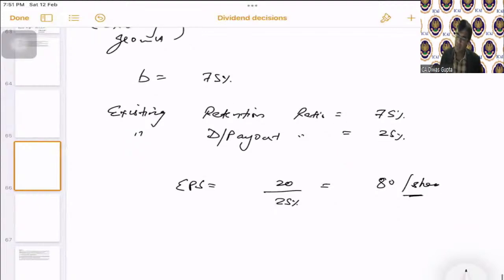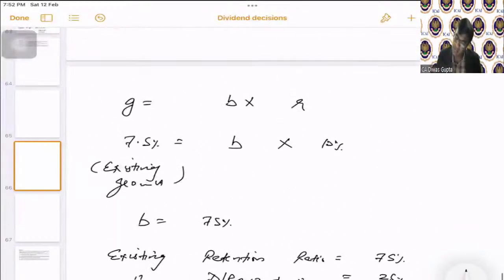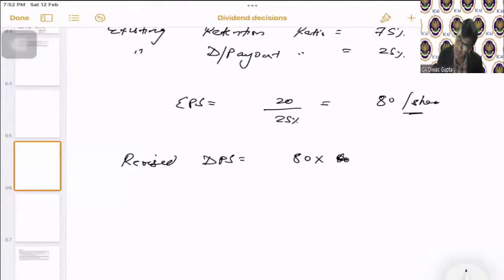So if 80 rupees per share is the EPS, then the revised DPS is how much? 80 multiplied by 60. Sorry, 80 multiplied by 40%. Because 60 is the retention ratio, right? So 1 minus this. So the revised DPS is 32 rupees. I hope students this part is clear to all of you.